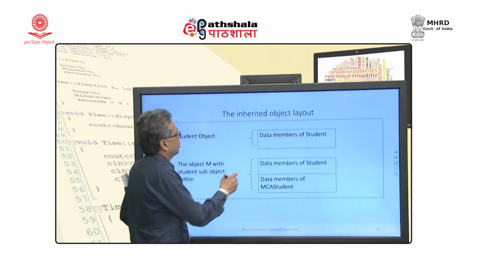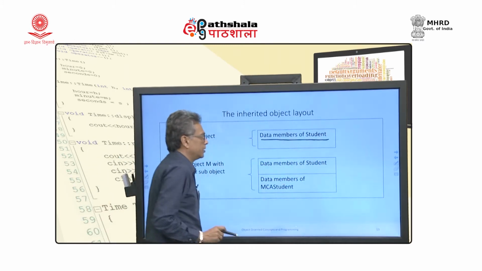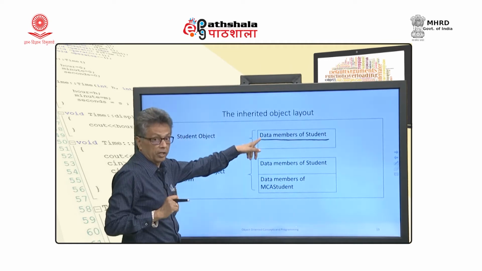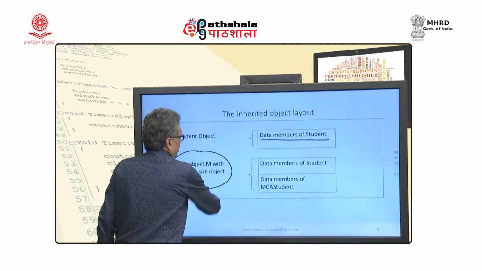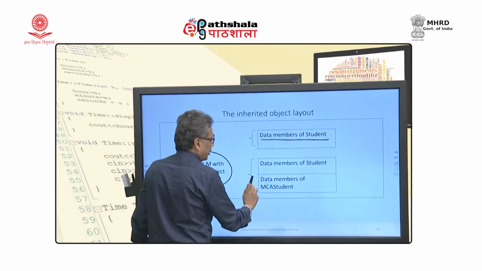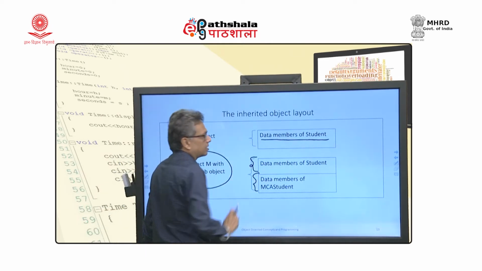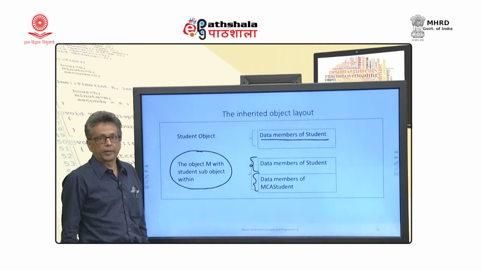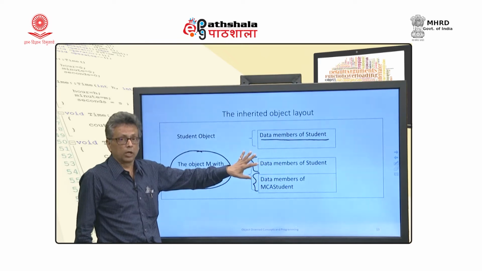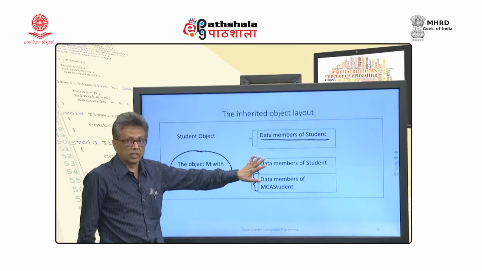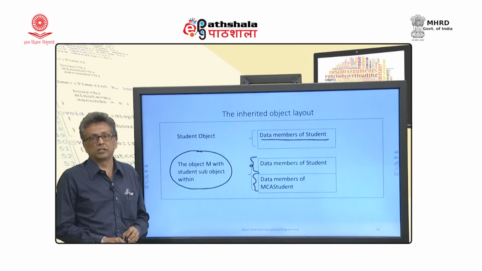So, this is a student object and I have data members of it. I do not store functions here. Remember, we talked about that object model. When I define M, which is an inherited member, it also includes the base class members here. It is embedded inside, and why it is embedded inside we will talk about, but let us first discuss what will happen if this is done.